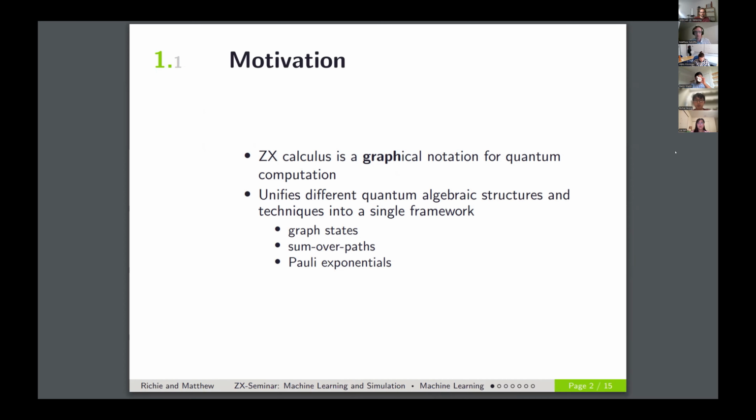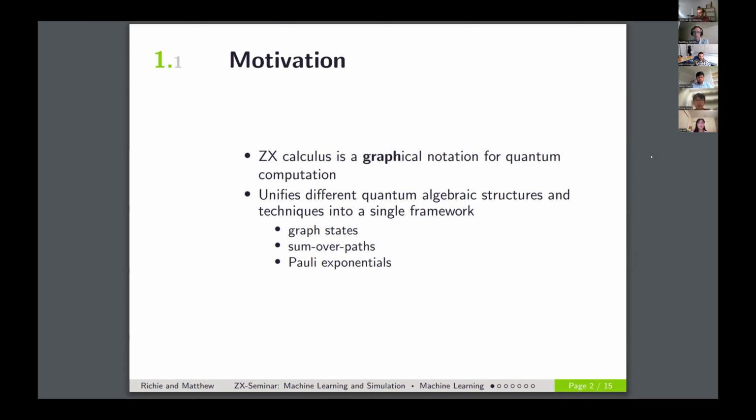So why would we want to apply machine learning to ZX? ZX is already great, right? Instead of working with vectors and matrices, with the ZX calculus we can represent and reason with quantum computation as graphs. As humans and ZX practitioners, we think this is simpler and more intuitive. But what about from a computational standpoint?